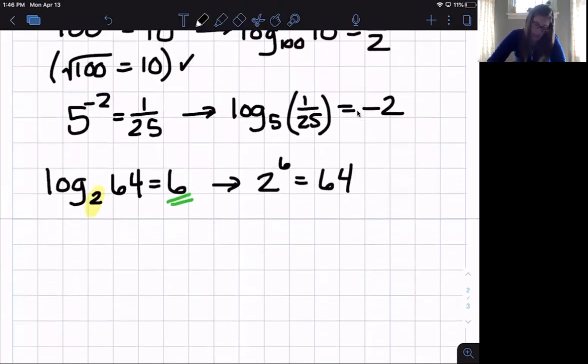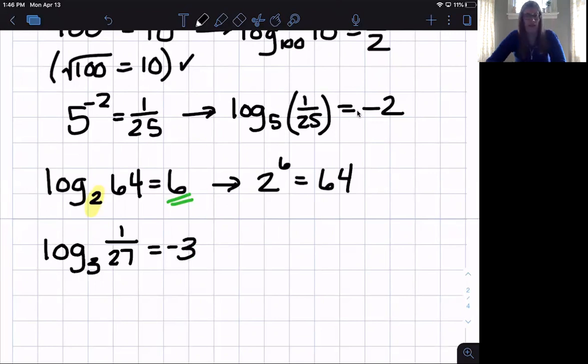I could do the log base 3 of 1/27 equals negative 3. So rewrite that in exponential form. My base is 3.